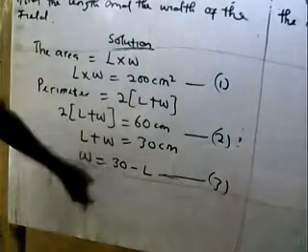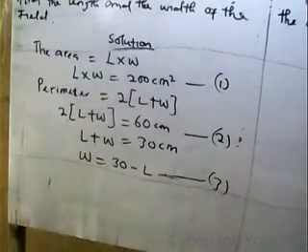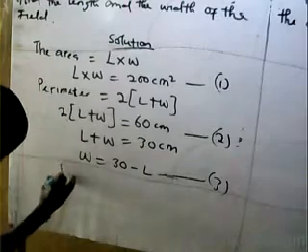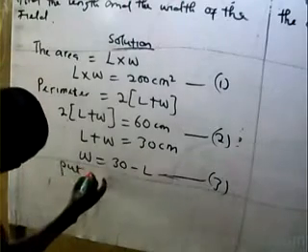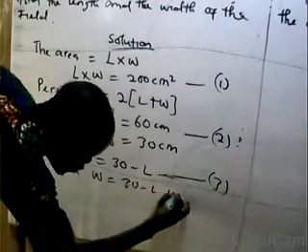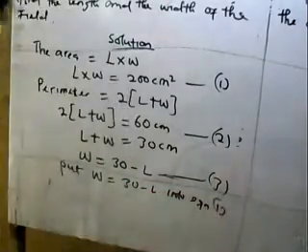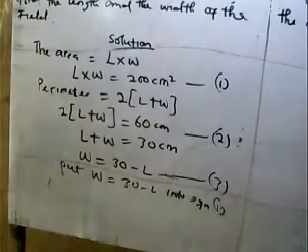From here we can substitute the value we have here into equation 1 at the top. So we put W equals 30 minus L into equation 1.